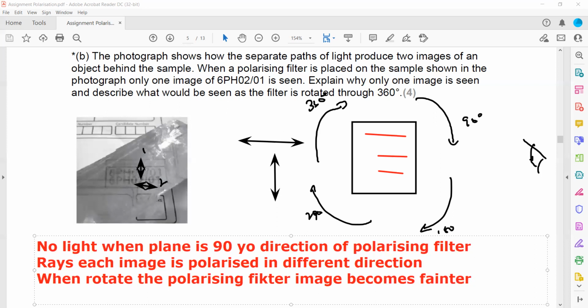And what is the reason for that? Because only one component of the light is able to pass through.